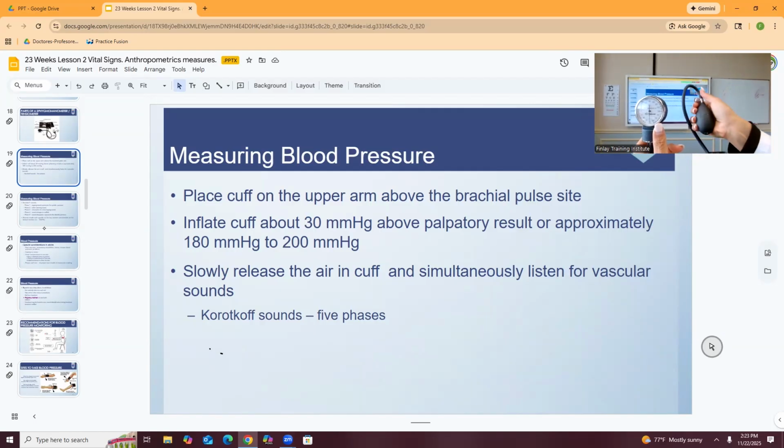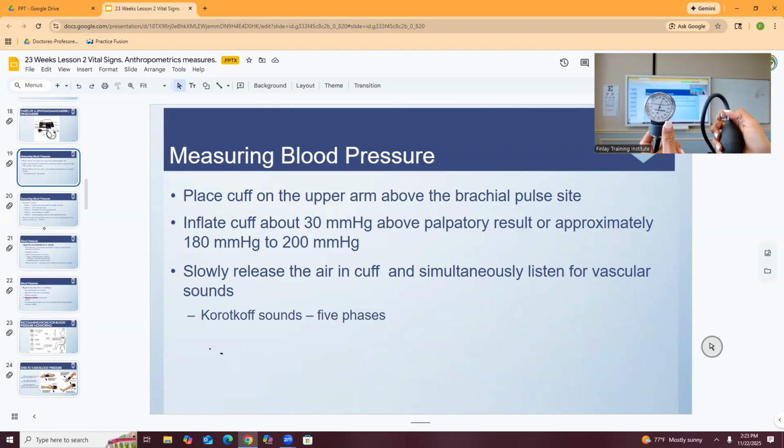We move the valve until it's completely closed. And then we're going to inflate to 180 to 200, okay? Right there it is going to stop.